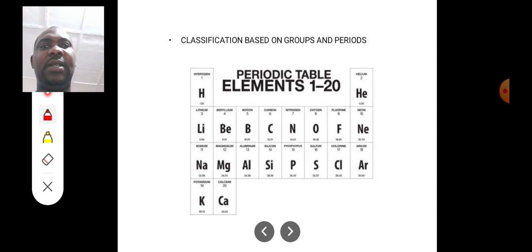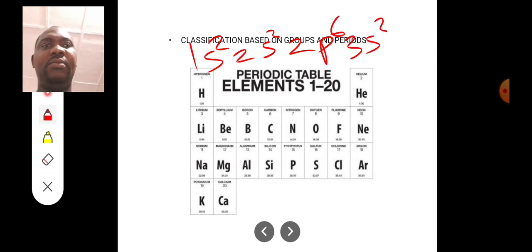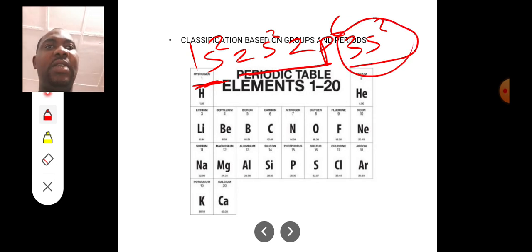Let's see another example. Let's say we have 1s2, 2s2, 2p6, 3s2. What group and what period? 1 shell, 2 shells, then this is the third shell. We have only 2 electrons in the outermost shell.